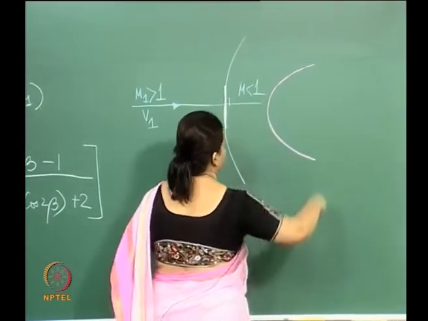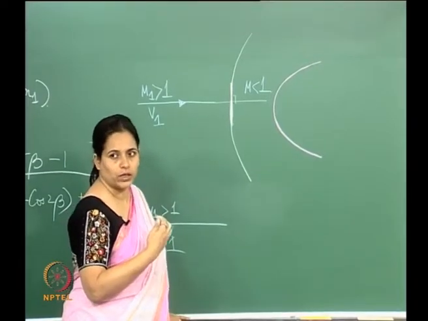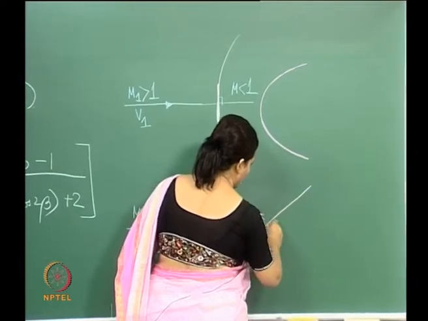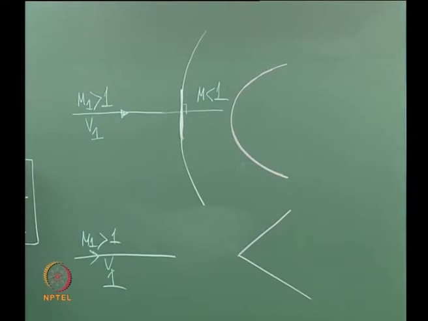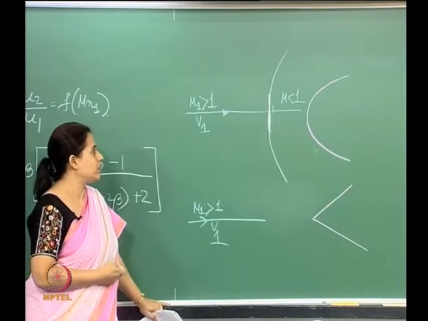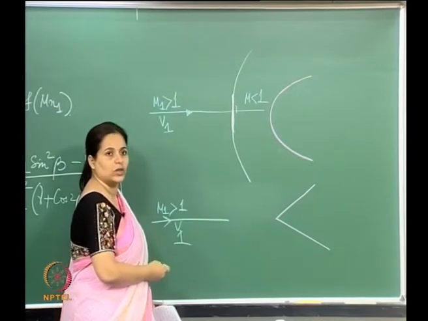Compared to this structure, this is more of a bluff kind of a body. If I have something like this instead, then what is the kind of structure that we're going to see? Are we going to encounter this sort of a shock, or what is it that's going to happen?